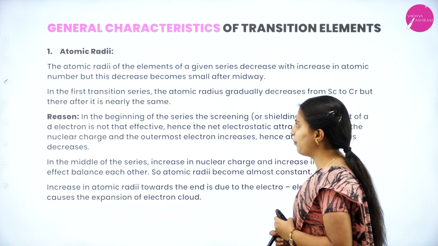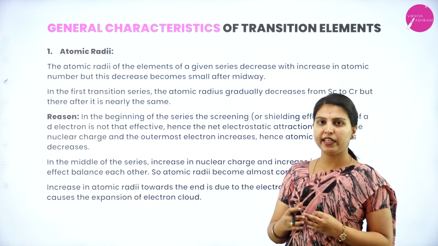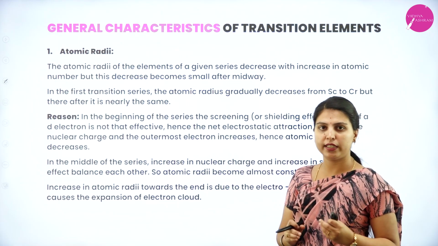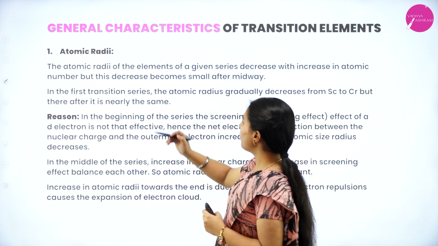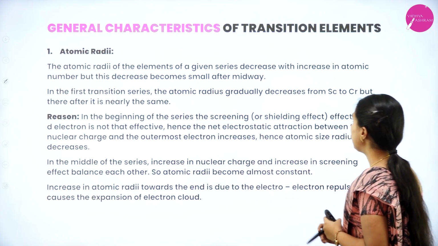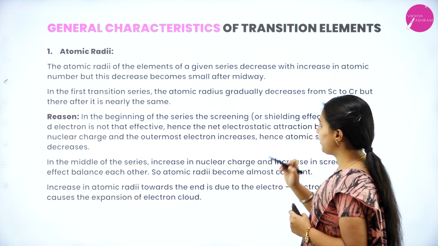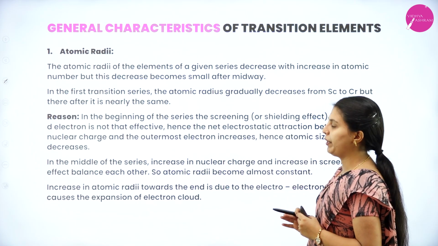First we'll see the atomic radii. Atomic radii means the distance between the nucleus and the outermost electron. The atomic radii of the elements of a given series decrease with increase in atomic number, but this decrease becomes small after midway.